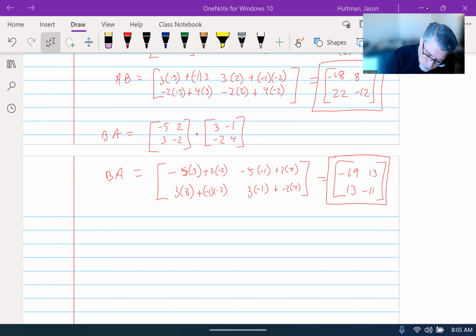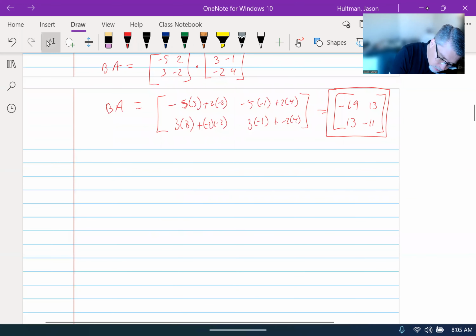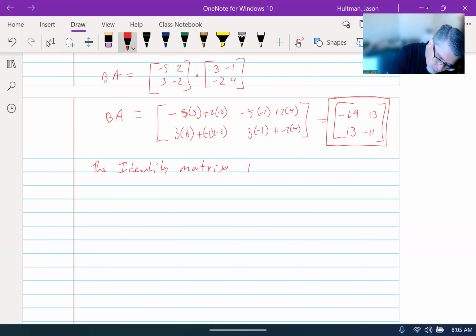The identity matrix I sub n is an n by n matrix with ones along the diagonal and zeros everywhere else.